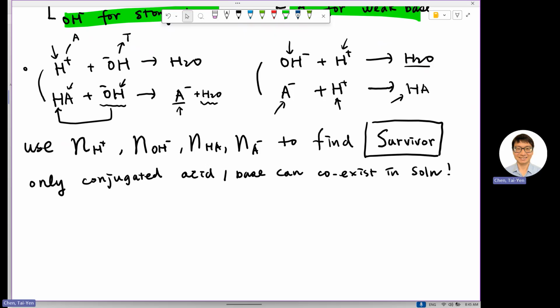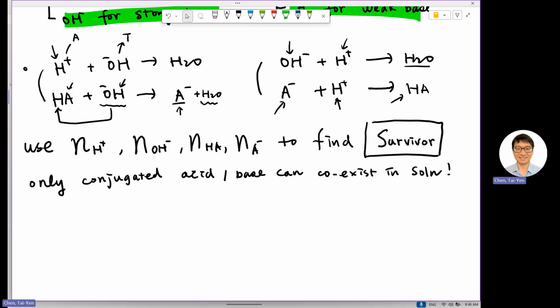Who is going to survive? OH minus is going to survive. Therefore, OH minus will dictate the property of your solution. Since OH minus is a strong base, you have a strong base solution. Is that clear? Everybody follow this logic?